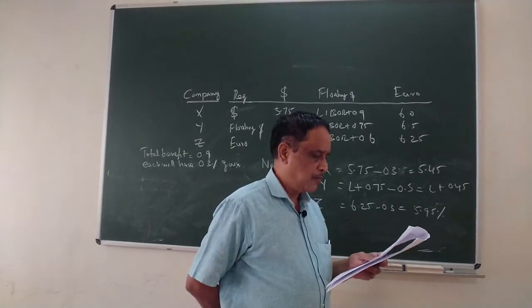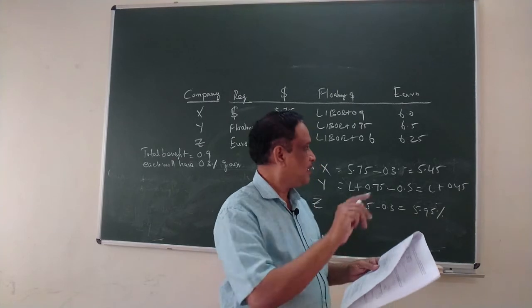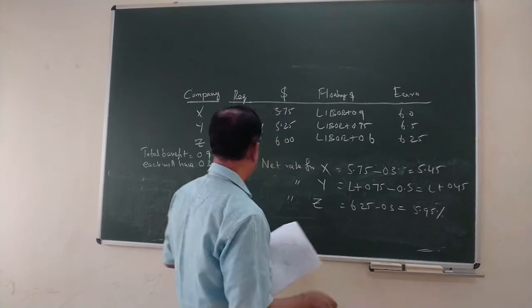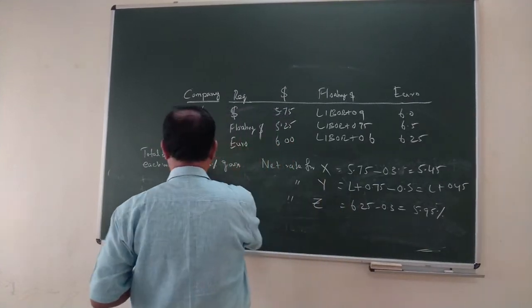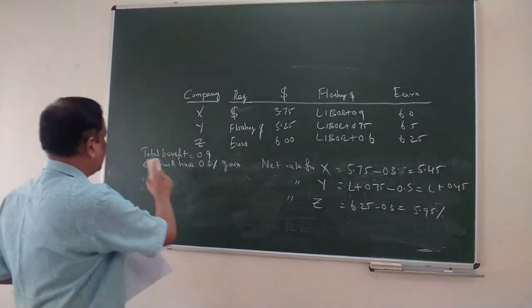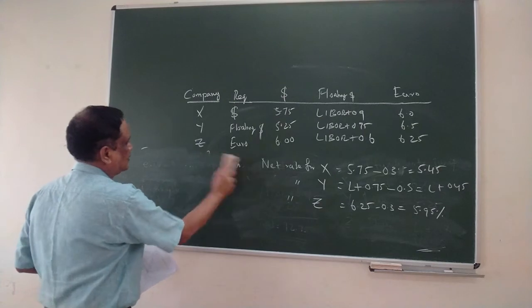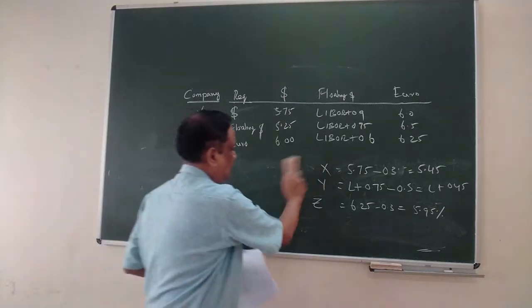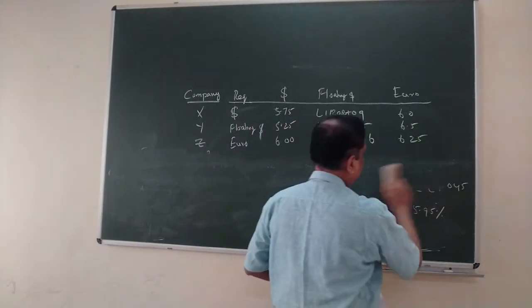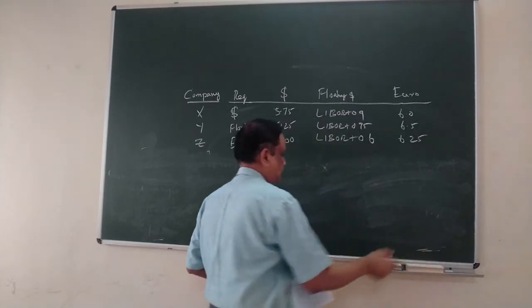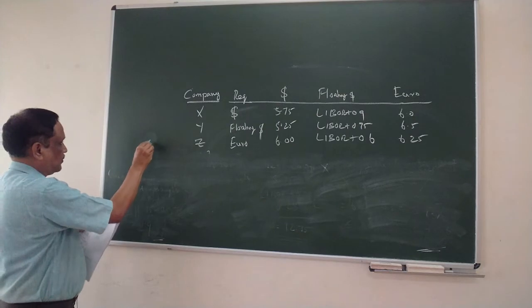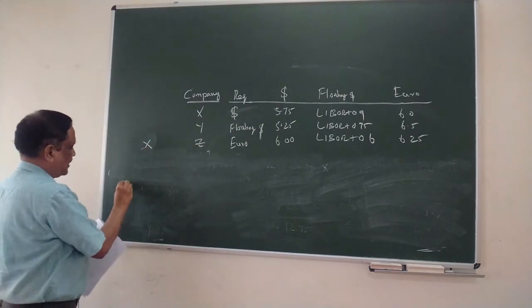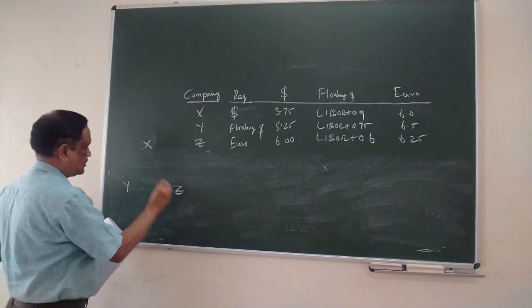Now we will see the diagram, how we can show it. Even up to this, if you have done it, this will be good for your exam. So we have X, Y and Z.